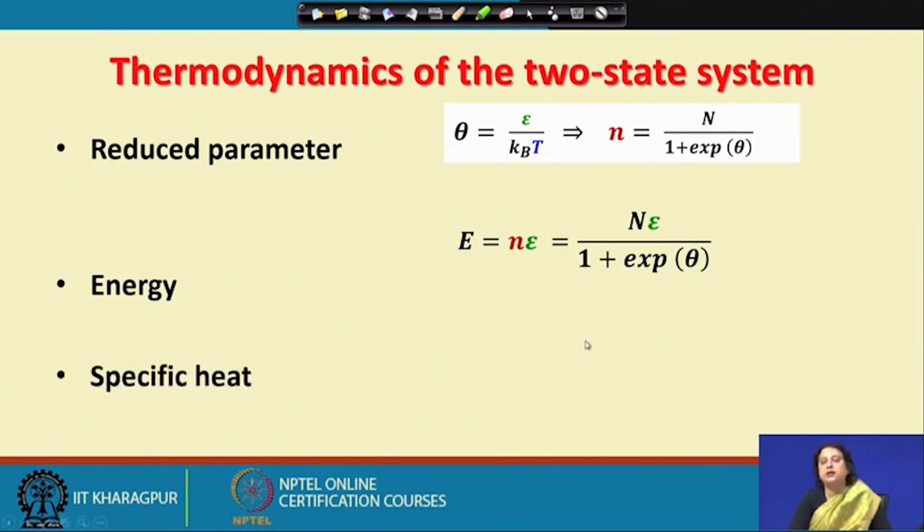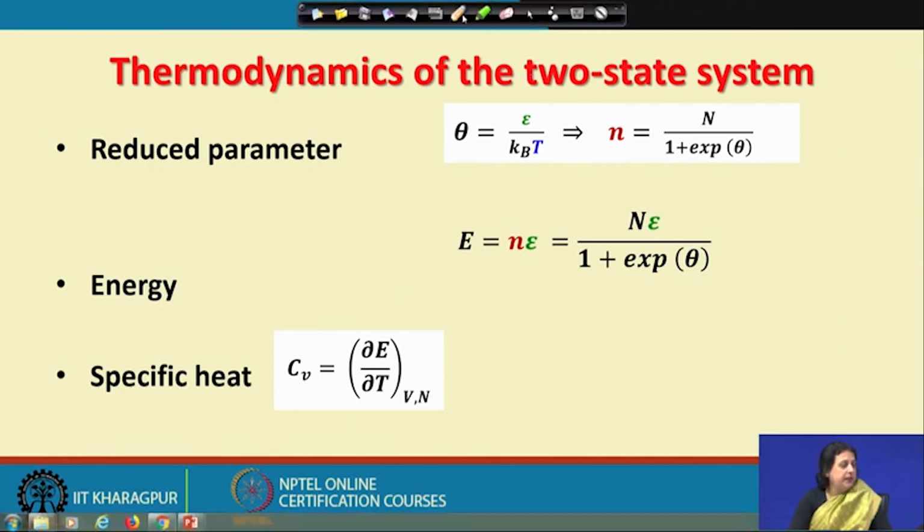One typical quantity is the specific heat, and the definition of specific heat is that if you know the total energy of the system, and you can measure the response of the system, how the energy changes as you vary the temperature of the system under isochoric and constant particle conditions, then this ratio will give you the specific heat under isochoric condition in a closed system.